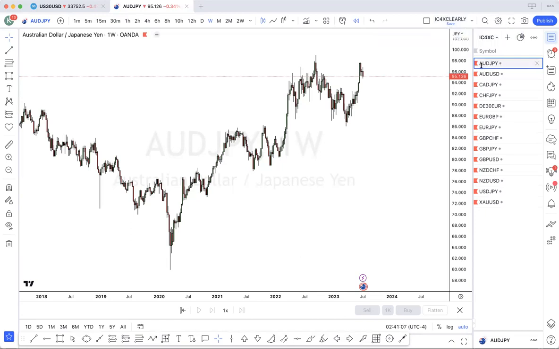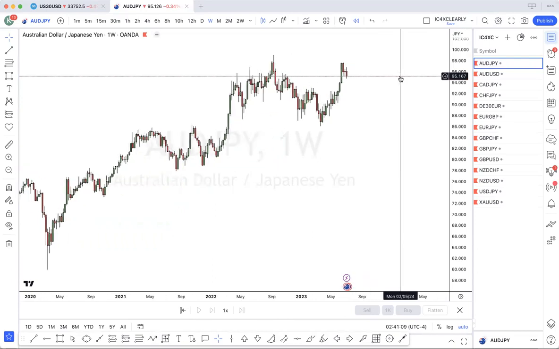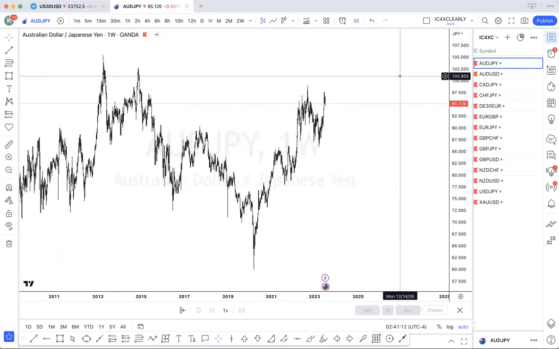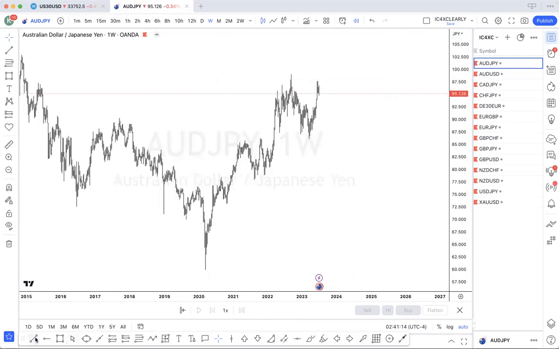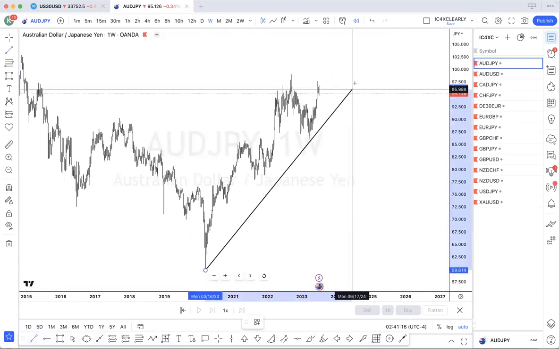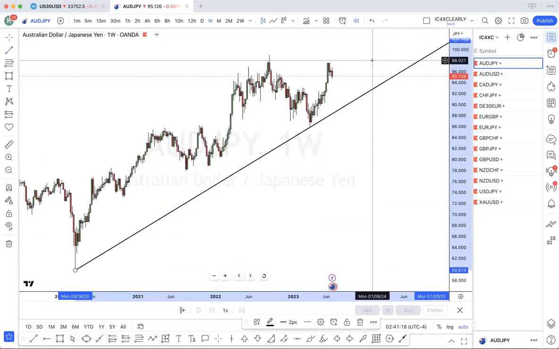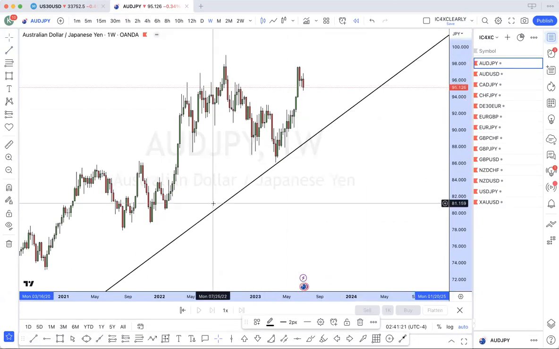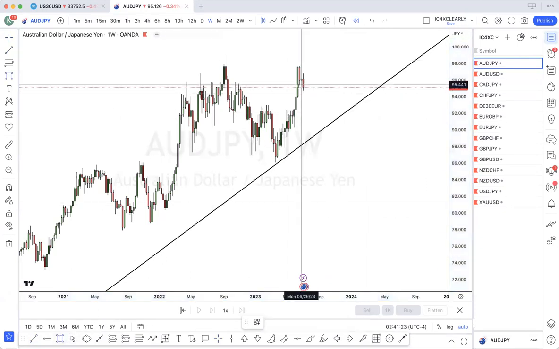First, we have AUDJPY with a weekly bearish order block. As we know that overall price is bullish. So the weekly bearish order block, we're going to mark up the order block here.